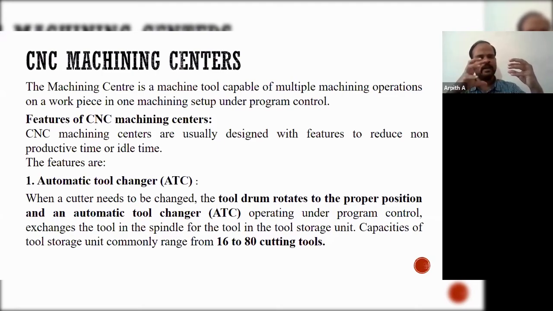Then it has a bunch of operations. Next, if I say there is a knurling operation, it is going to switch on its own to the knurling tool and start performing the knurling operation. If there is one more change in the design, say I want to drill a hole, the third bit is going to be the drill, so it is going to drill the hole. Like that, you will have one center where the workpiece stays there itself.